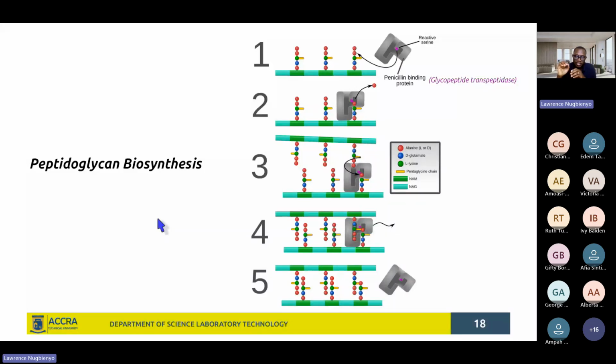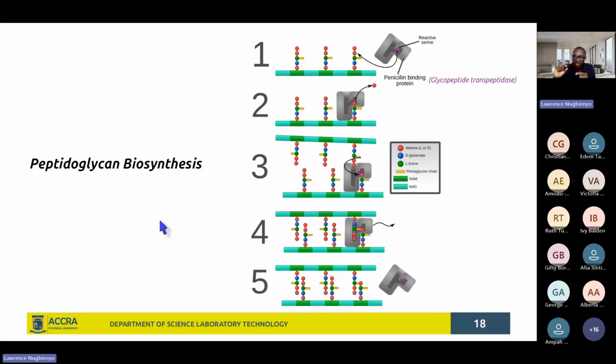Now, let's take a look at the biosynthesis of the peptidoglycan, particularly the formation of the peptide linkages between the glycan molecules, the polysaccharide molecules.